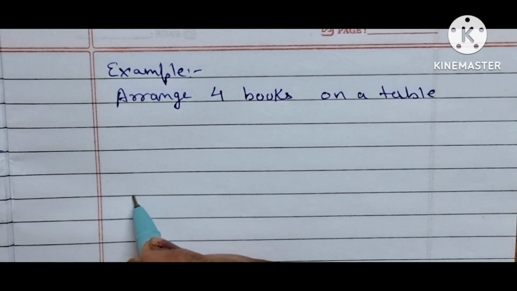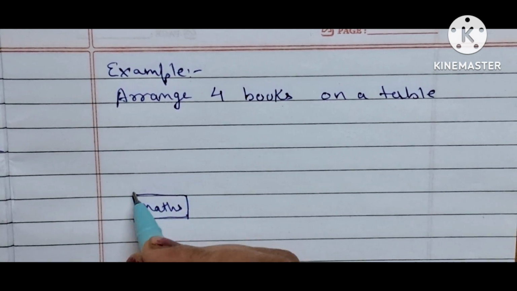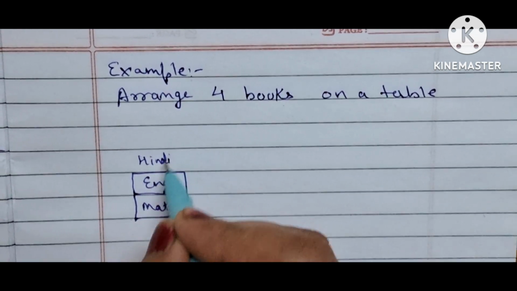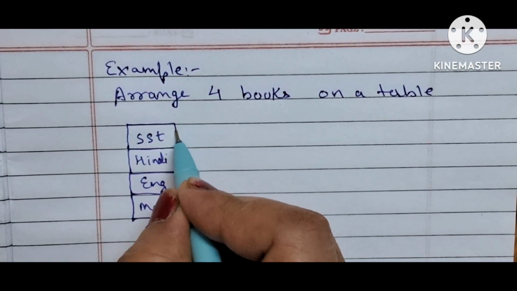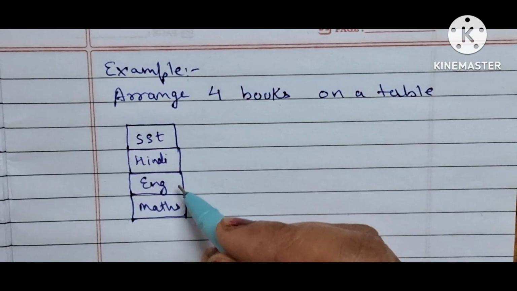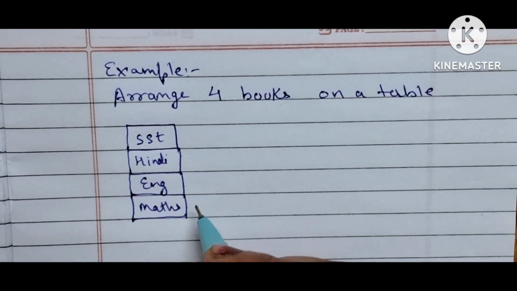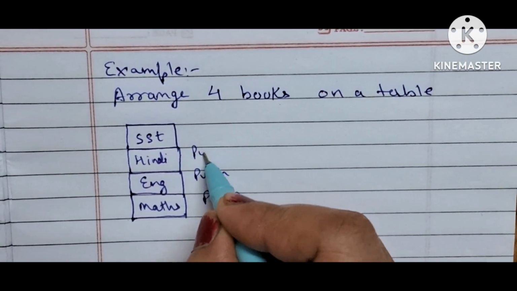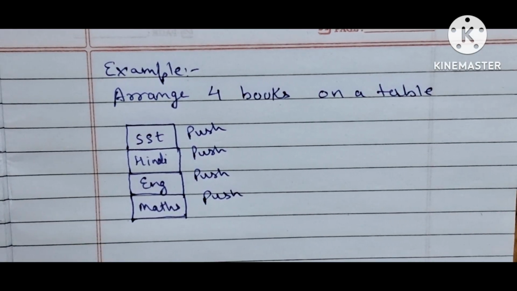We first put the maths book, then over that the English book, over that the Hindi book, and last the SST book. So it will form a stack on which 4 books are placed. We first push the maths book, then English, then Hindi, and at last we push the SST book. In this way we insert the elements onto the stack.